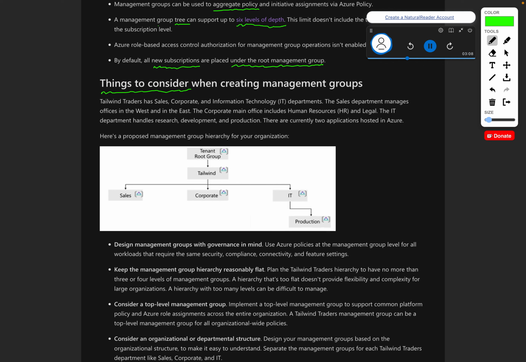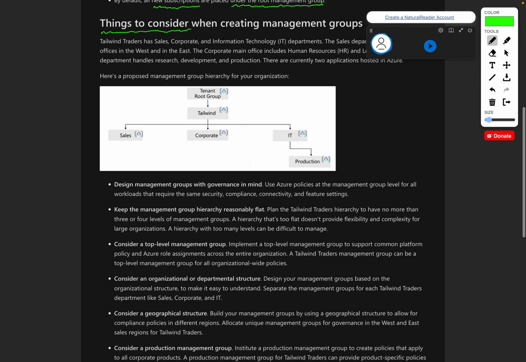Here's a proposed management group hierarchy for your organization. Design management groups with governance in mind. So the solution basically starts from here, and the picture I find very interesting and very important. So we've got the tenant root group, and then under that it has created a new management group called Tailwind, and then every department under Tailwind.